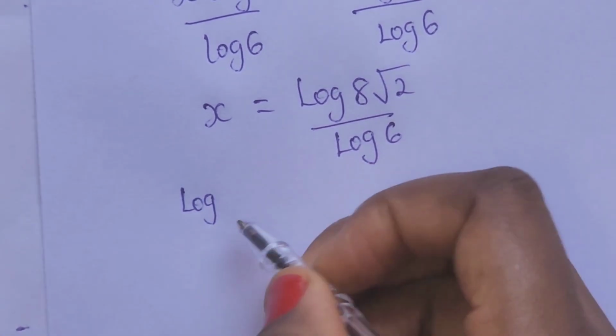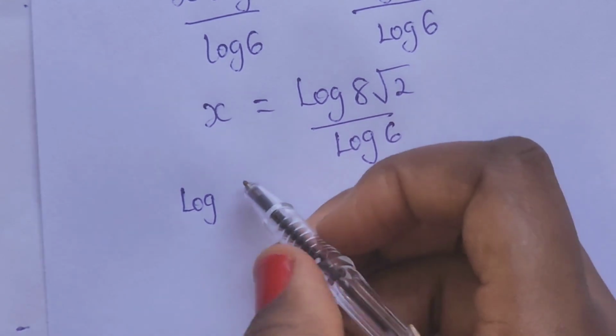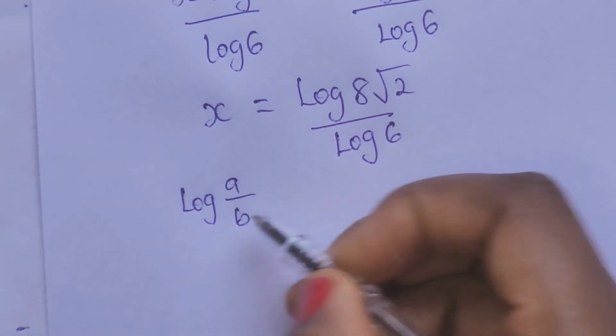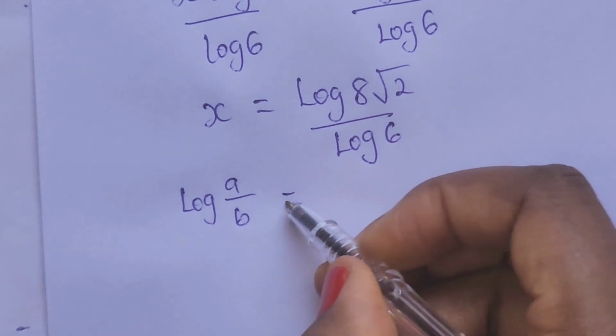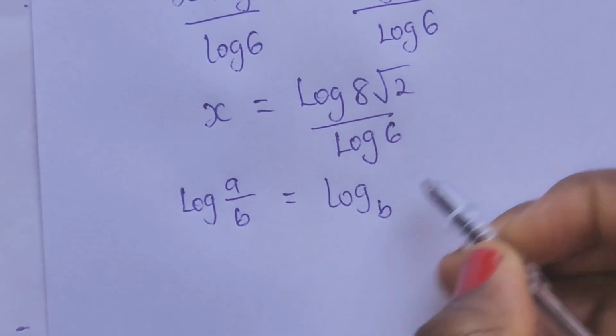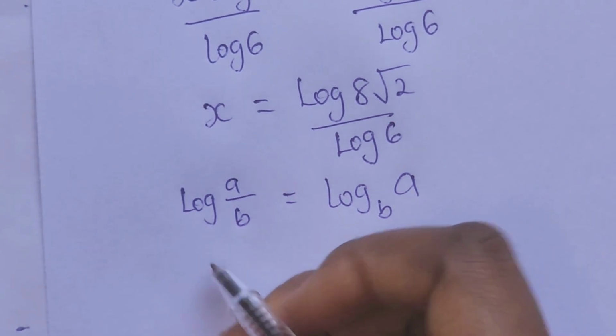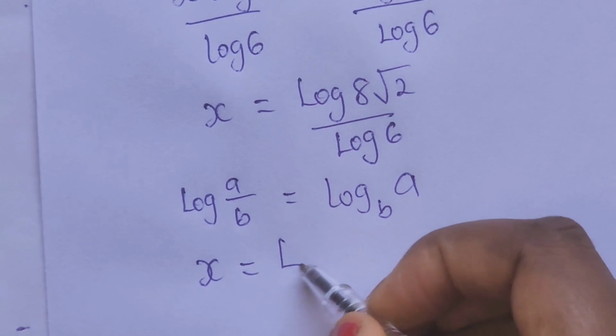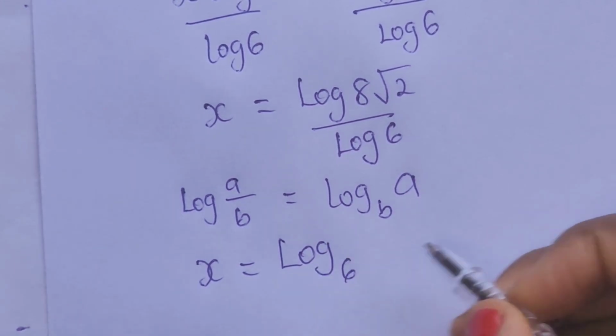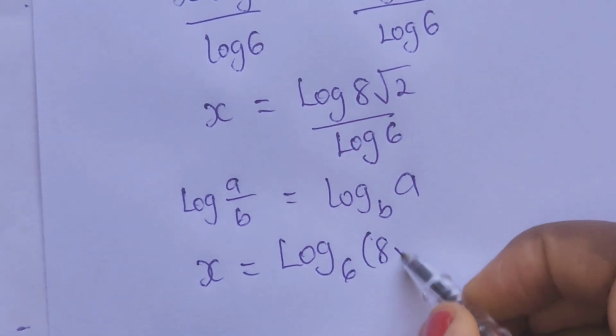But when we have log of a over log of b, this can be written as log to base b of a. So we have x to be equal to log to base 6 of 8 root 2.